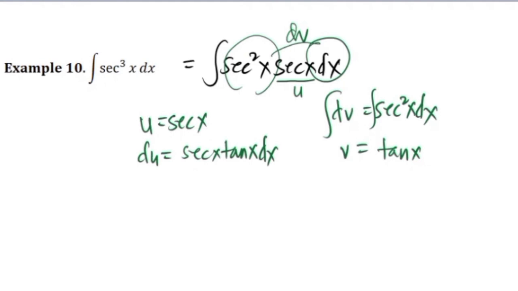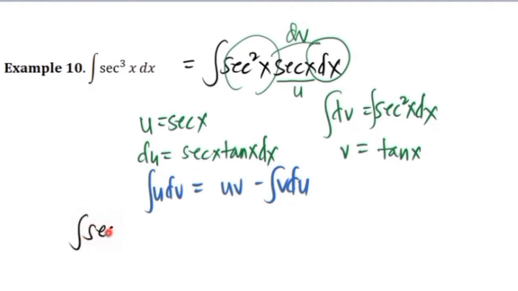So applying the formula, we have the integral of u dv is equal to uv minus integral of v du. So that is equal to secant cube x dx is equal to uv, so that's secant x tangent x minus integral of v du.